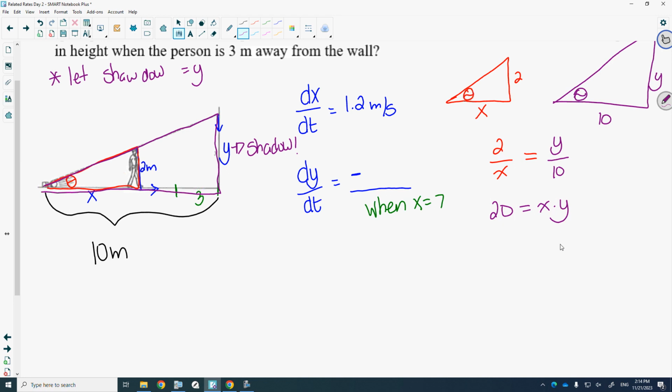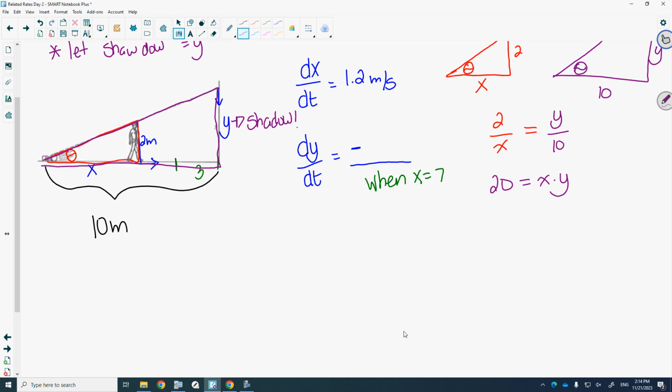And then from here, you're going to implicitly differentiate. So we're going to take the derivative of both sides with respect to time. Now, the derivative of 20 is 0. And how am I going to take the derivative of xy? What am I going to do? uv prime plus v u prime.